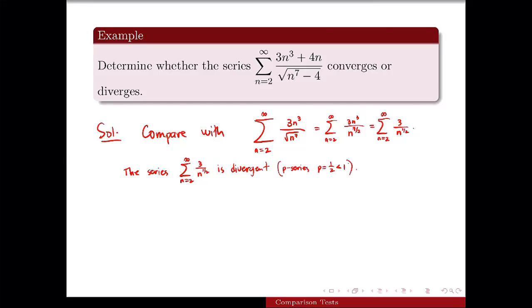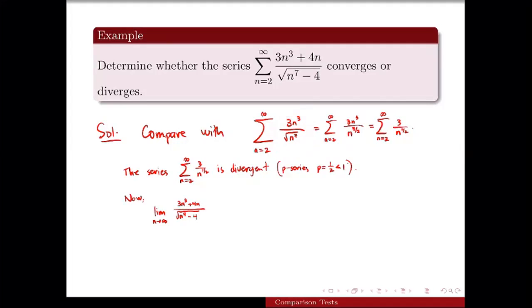Now, let's do the limit comparison test. Limit as n approaches plus infinity, we have here 3n cubed plus 4n divided by square root of n to the 7 minus 4 divided by this guy here.